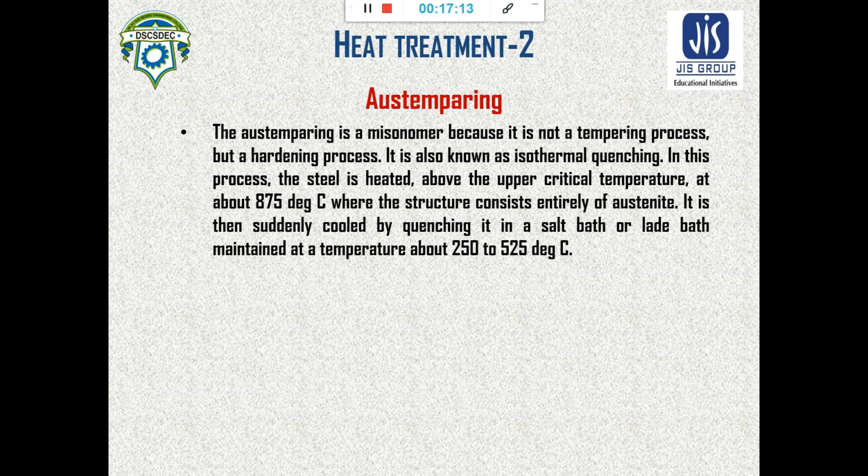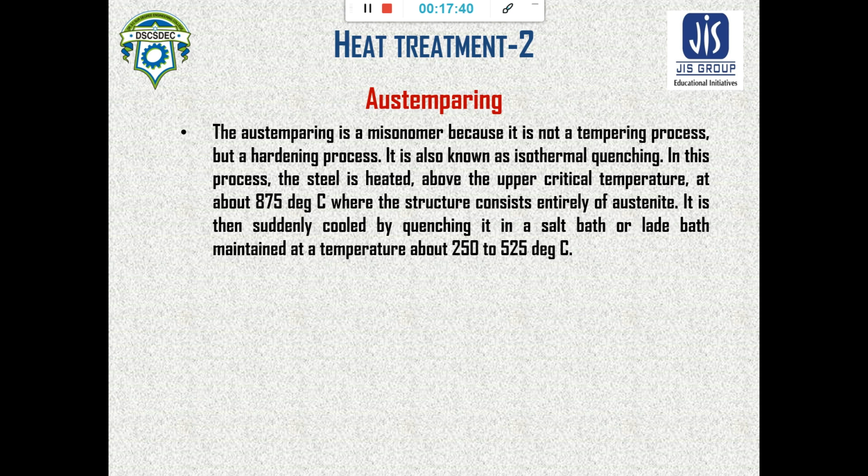In this austempering process, the quenching is done in a salt bath or lead bath, and those baths are maintained at a temperature of 250 to 525 degrees Celsius. So at this temperature, martensite can be retained.